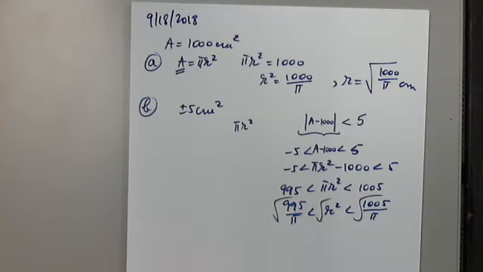Okay, so I'm going to grab my calculator or use the software. Let's see what we get with the square root of 995 divided by pi, and what I get with the square root of 1005 divided by pi. I got that this is 17.79658 less than r less than 17.88578.